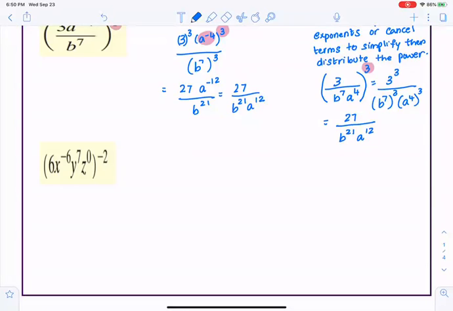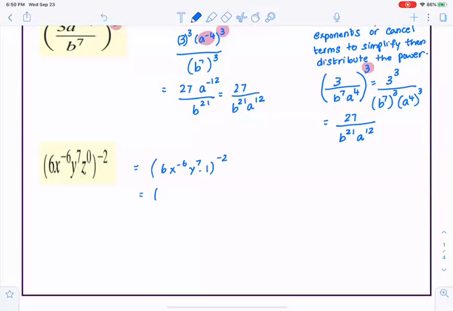So it's best to take care of the term that is inside prior to applying the exponent. So in the problem, I'm going to try and simplify the terms inside the parentheses. So 6, x raised negative 6, y raised 7, z raised to the power of 0 is simply 1.